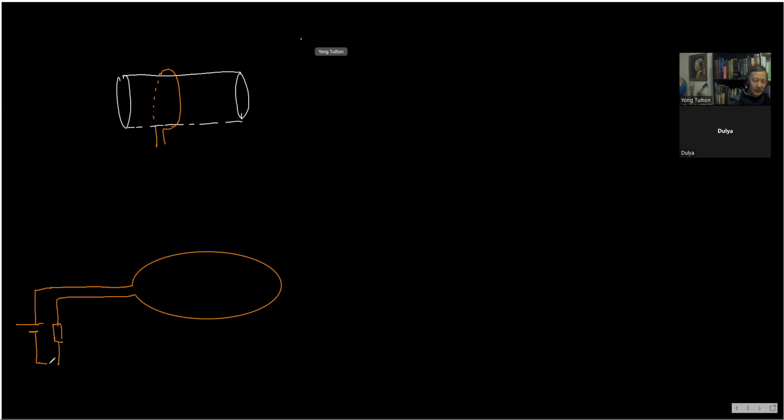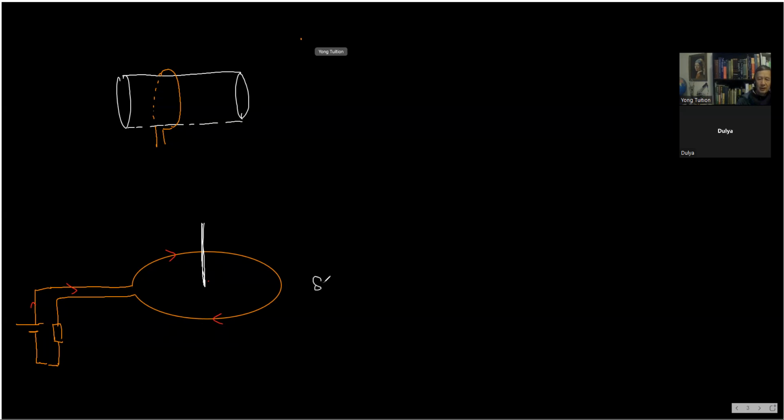So the current will go that way and that way. We just assume that this is up, the perpendicular direction. In this case, can you draw the distribution of the magnetic field generated by this single turn coil?